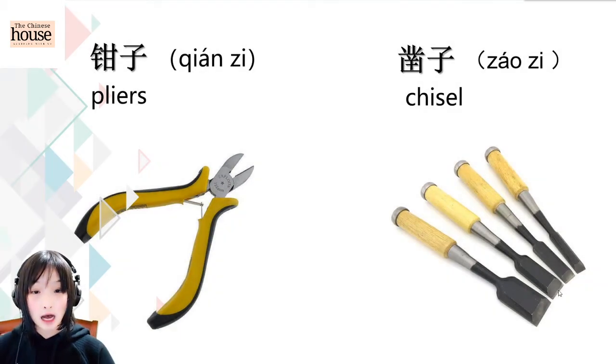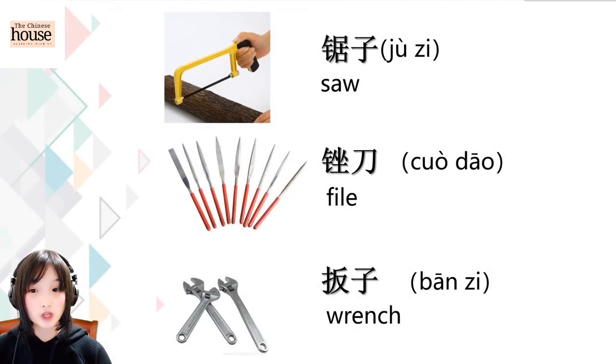Chisel, 凿子, 凿 second tone, 子 light tone. And then saw, 锯子, 锯 first tone, 子 light tone. File, 锉刀, 锉 first tone.